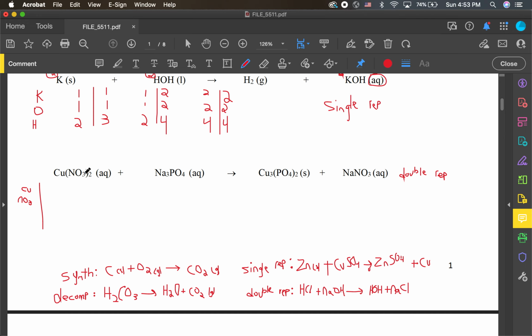So we're not going to have these random oxygens or random nitrogens moving around. That molecule is going to stay consistent on both sides. So we're not going to worry about it too much. So this is the NO3. Then we have Na3. And then we have PO4.